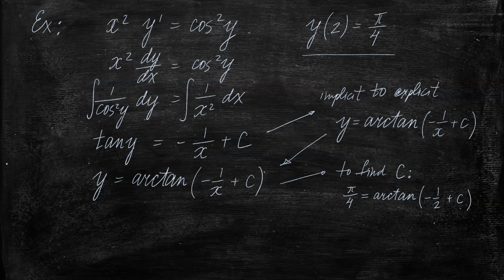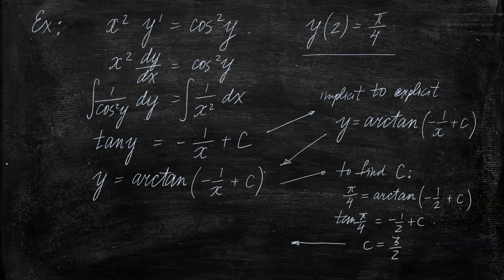So either way, you should get the same answer. So anyway, let's take tangent of both sides. So tangent of pi over 4 is equal to negative 1 half plus c. So since tangent of pi over 4 is equal to 1, c must be equal to 3 halves.